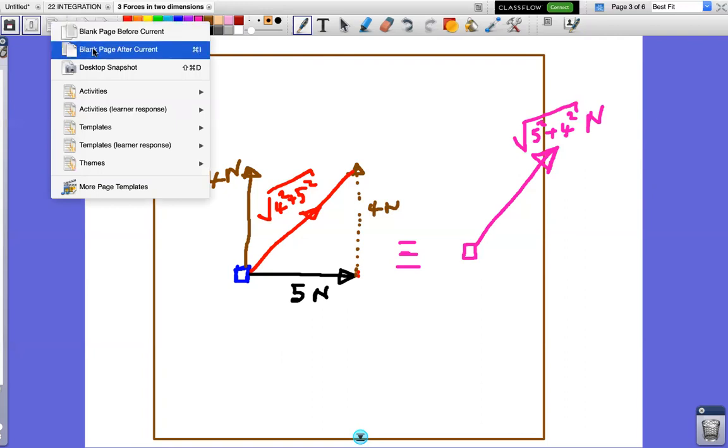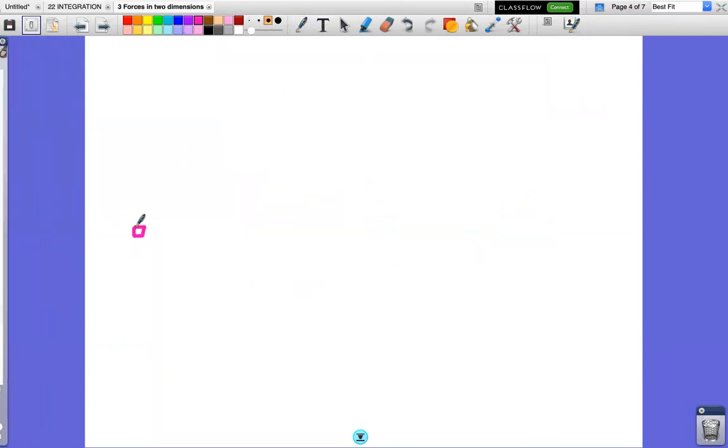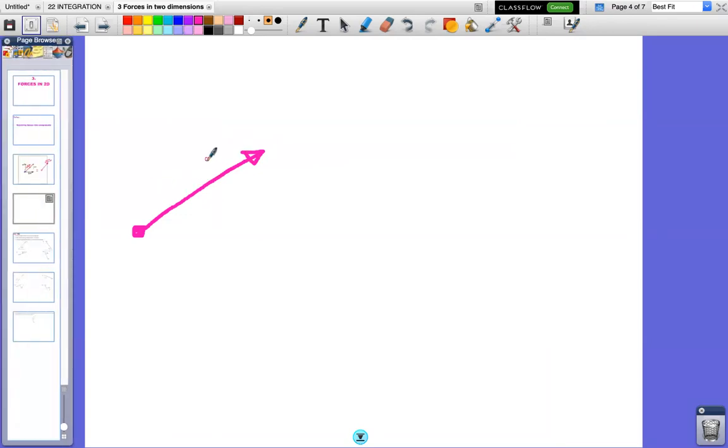We are not focusing on finding resultant forces today, but rather we are saying that if we had two forces, one 5 newtons and one 4 newtons acting perpendicular to each other, and that gave us a resultant force like that, which is square root of 25 plus 16 newtons.